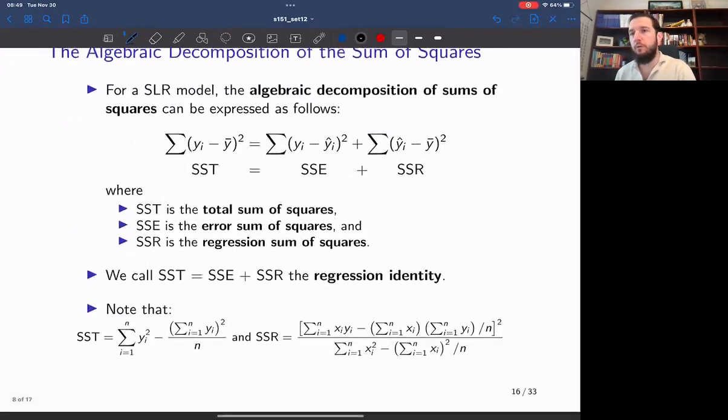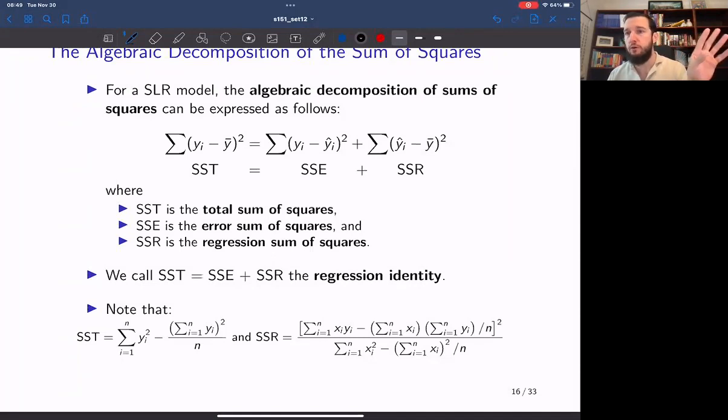Okay, so you might recall from our study of ANOVA in lecture set number 11 that total variation can be split into smaller sets of variation. So with the ANOVA, we had SS total equal to SS treatment plus SS error. With the regression line, we can use a similar trick.